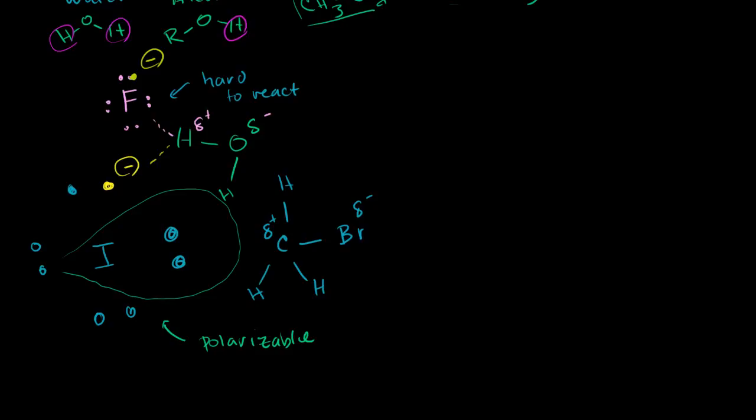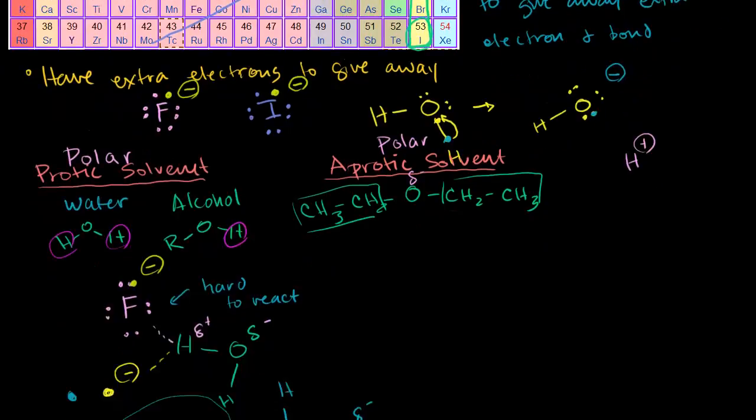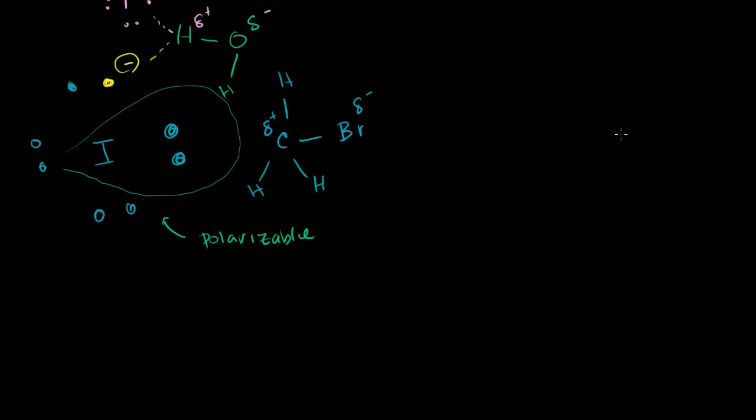So if you were to look at the periodic table, if you look at, say, just the halogens, in a polar protic solvent, the halides, so this would be the ion version of the halogens, iodide will be the best nucleophile, fluoride will be the worst. So let me write this down.